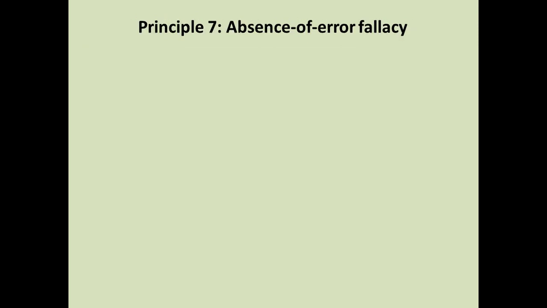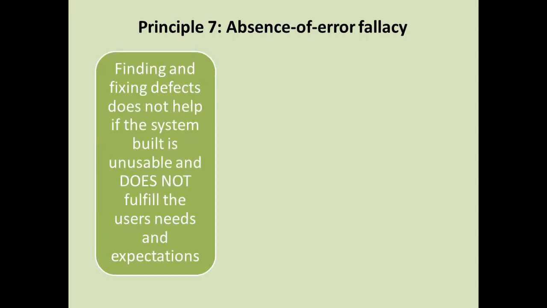Now, the seventh and last principle, absence of error fallacy. What this means is that fixing and finding defects does not help if the system built is unusable and does not fulfill the user needs and expectations.